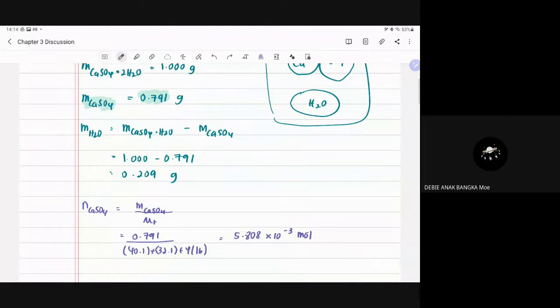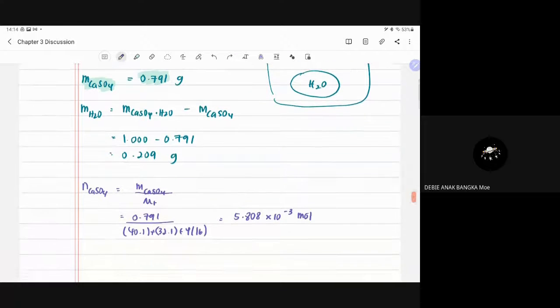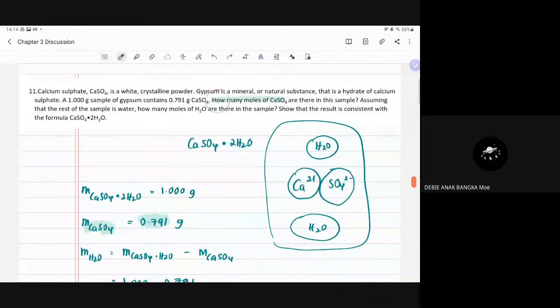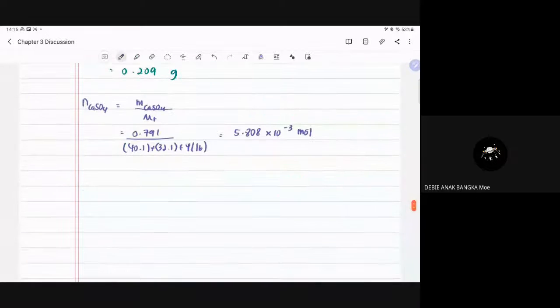Okay. And then, kita cari the next part of the question. So, ini dah tentukan. So, we have done this. Assuming that the rest of the sample is water, how many moles of H2O are there? Dia minta number of mole pula. Okay, number of mole of water.